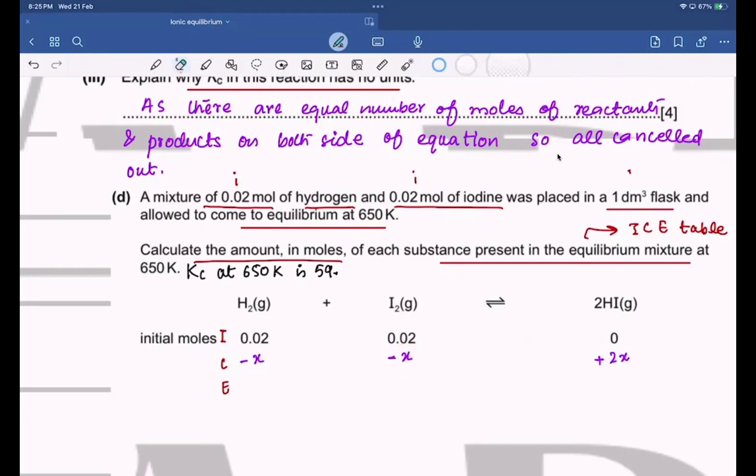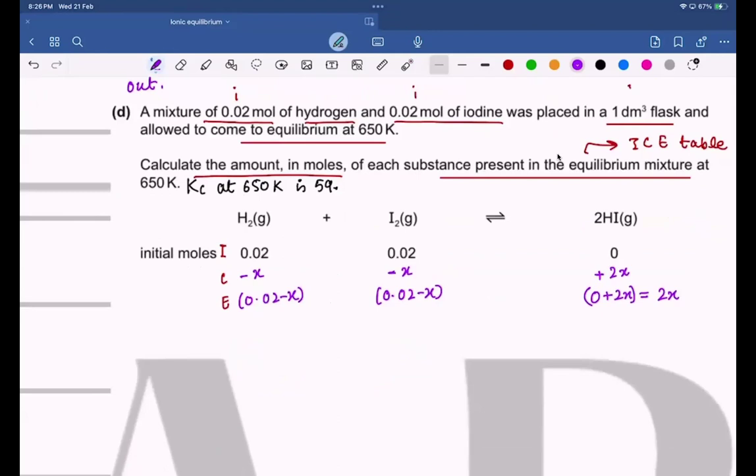Is this clear? Now, if I add them, here I will get 0.02 minus x, here I will get 0.02 minus x, and here I will get 0 plus 2x, which makes it 2x only.